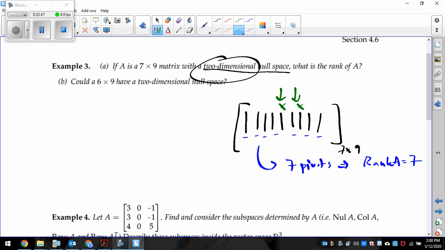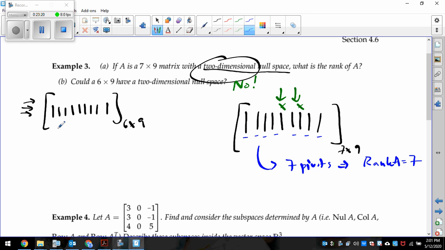Okay, so now part B, let's do the same thing. It says, could a 6 by 9 matrix have a two-dimensional null space? So think about that and record this. So the answer here is no. So let's look. So we've got a 6 by 9 matrix. I could draw 9 columns again. And there's only 6 rows. So think about the 6 rows here.